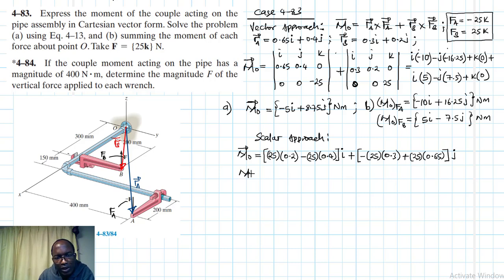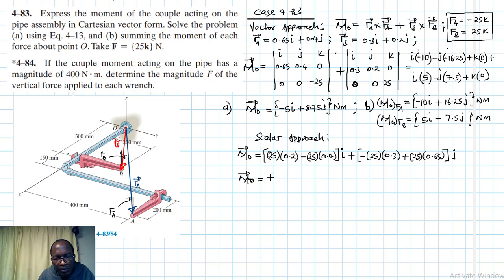So if we were to sum up all this, it should be able to give us the same solution. So this is going to be equal to 25 by 0.2 minus 25 by 0.4.